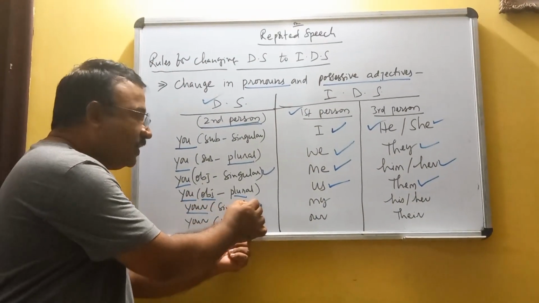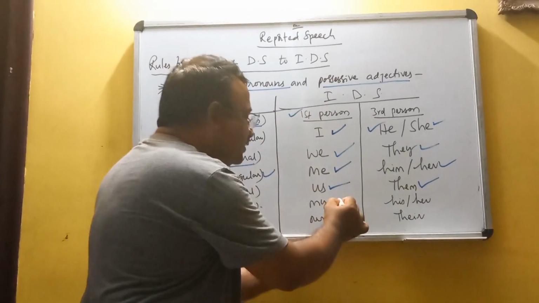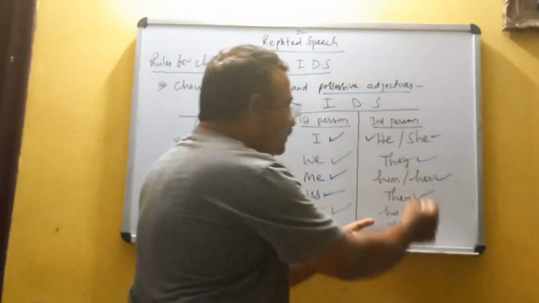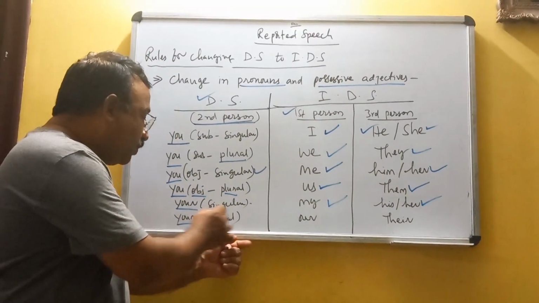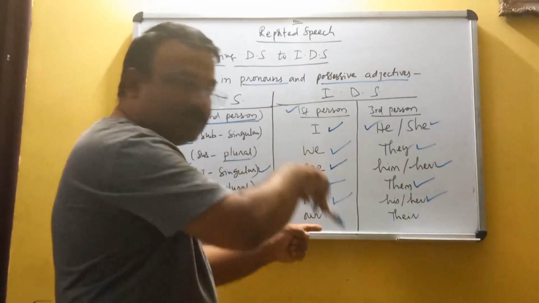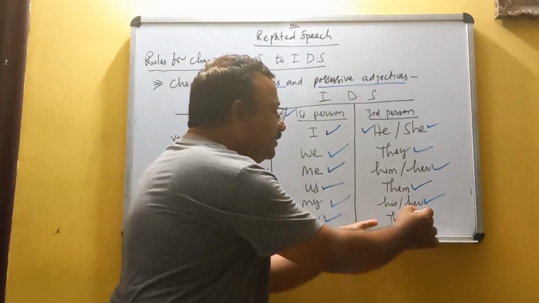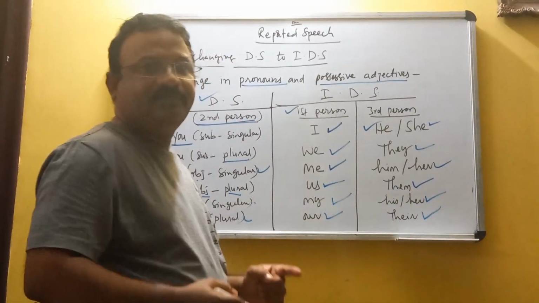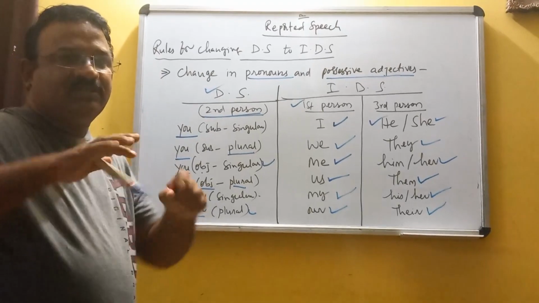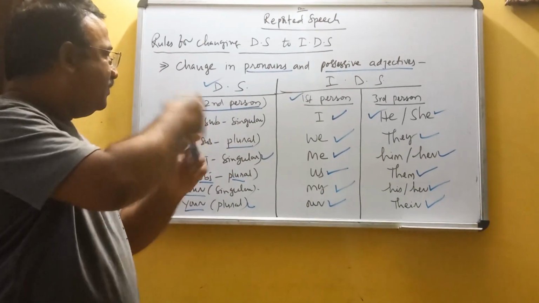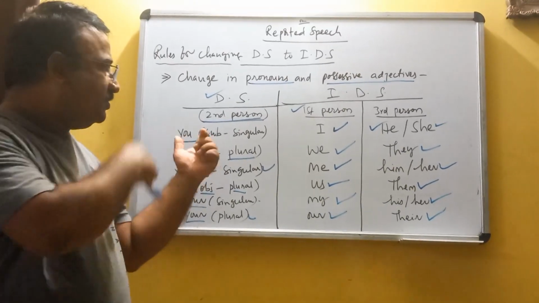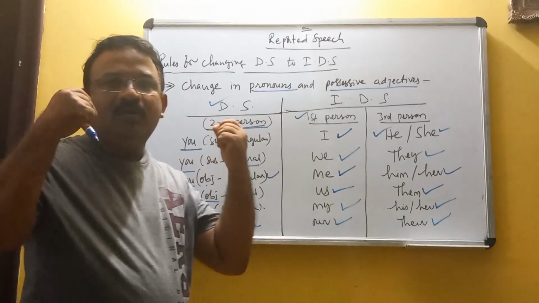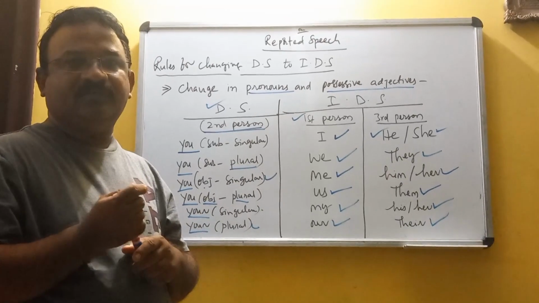Your, singular: the first person my, the third person his or her. Your, plural: the first person our, the third person their. You can understand more effectively when we come to examples.